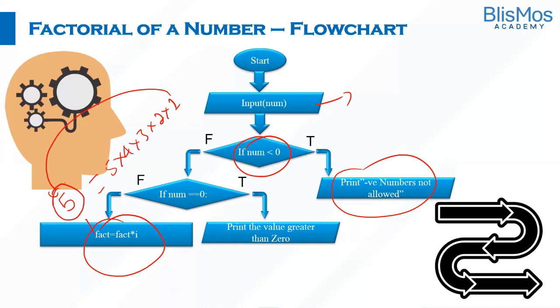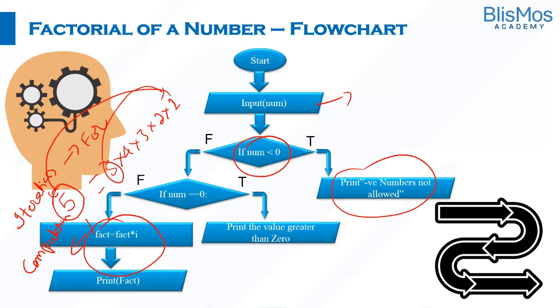How do we iterate? By using a loop that we have already done. There are two parts. One is iteration. Again, we can do that using a for loop. And the second one is computation. Computation is multiplying all the numbers between the input number and 1. After that, we'll get a factorial of a number.